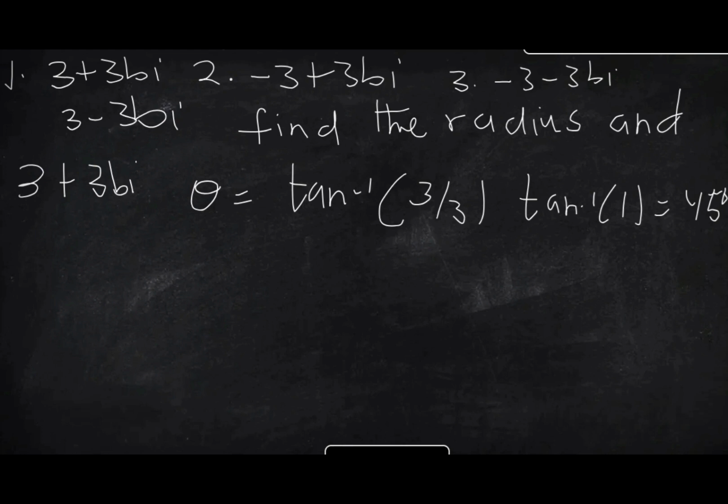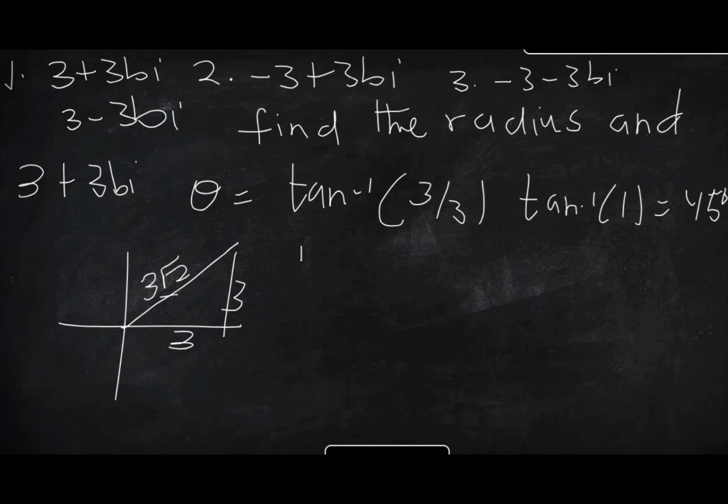Let's go to our Argand diagram. The first one lies in the first quadrant. So the radius is 3 root 2 with an angle of 45 degrees. Because it lies in the first quadrant, we need not add or subtract any angle to it.